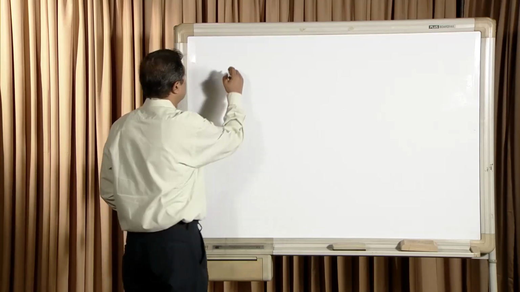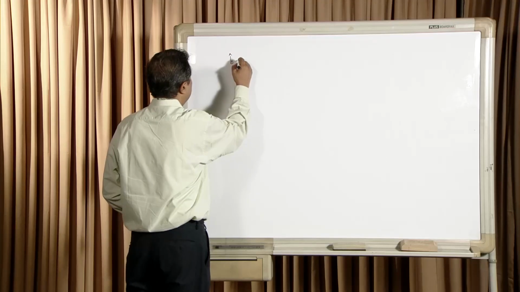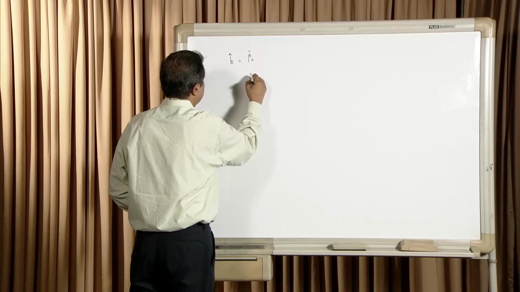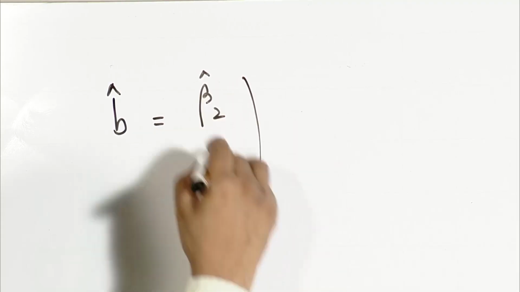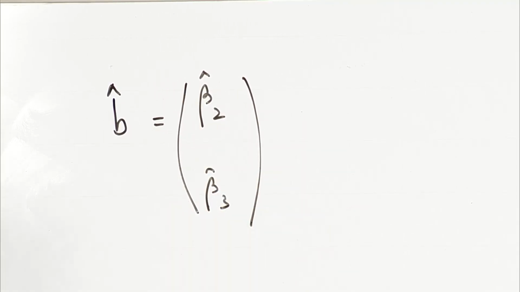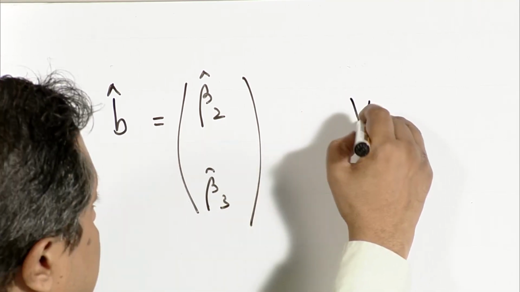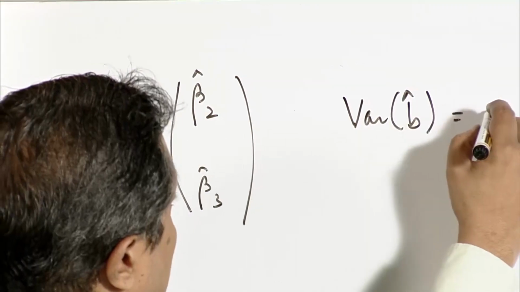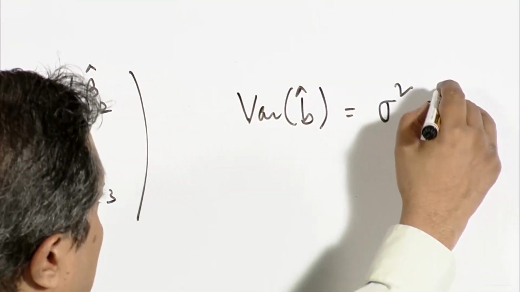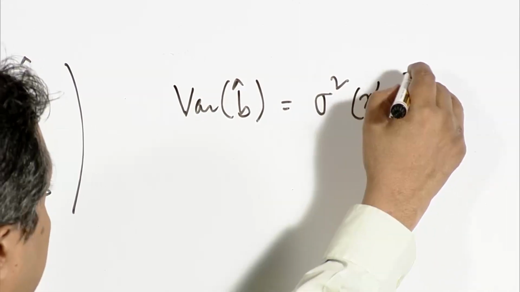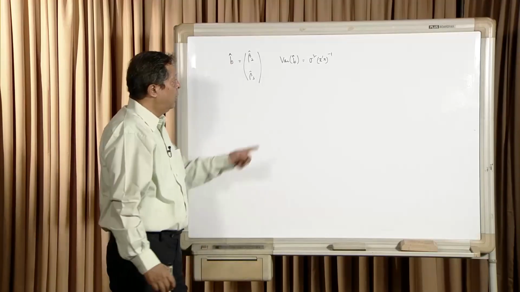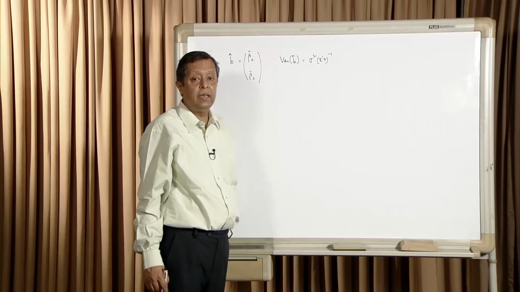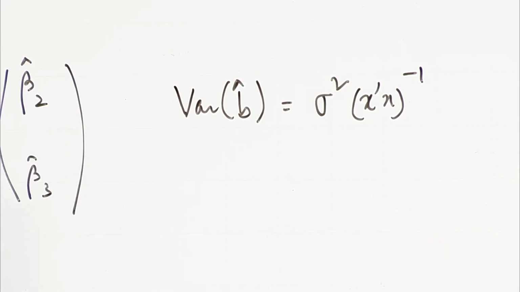So, we know that b hat is equal to beta 2 hat and beta 3 hat, and we had already explained that variance of b hat is equal to sigma square small x prime x inverse. What we must keep in mind is this matrix is called the variance covariance matrix.